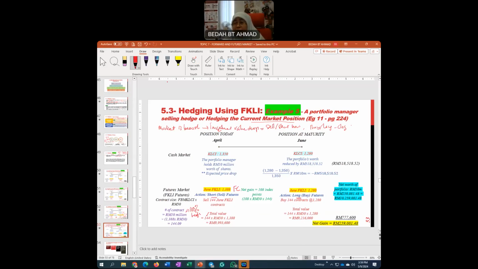This is how to calculate the reduction: the closing index point minus the opening index point, divided by the opening index point, multiplied by the amount to hedge, 10 million.